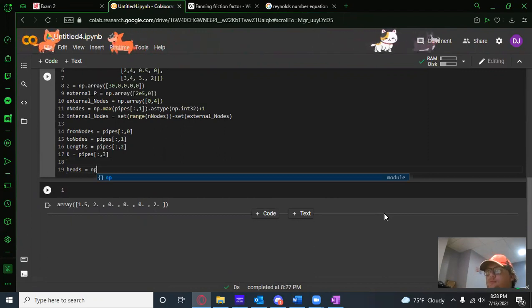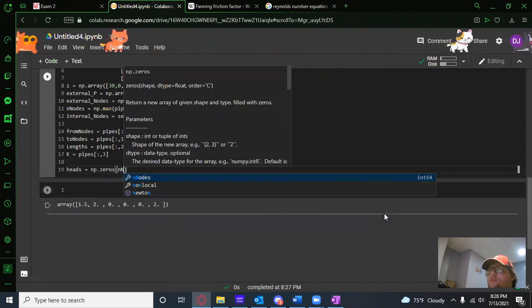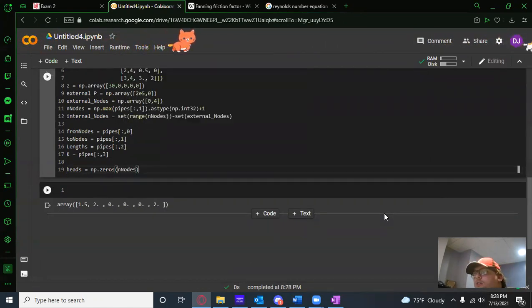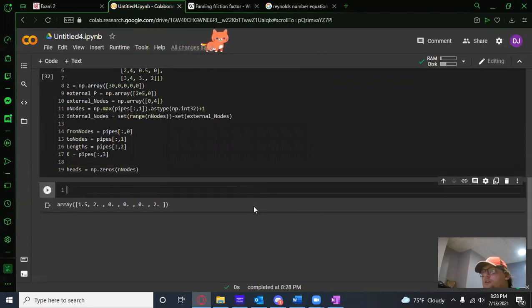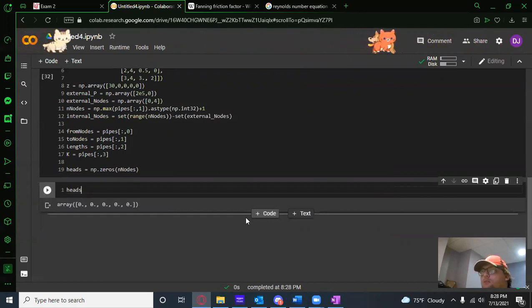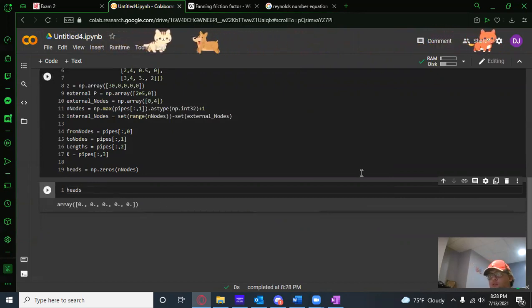So number of nodes. All that np.zeros does is create an array of 0s for that number of indexes. So number of nodes, we have 5 nodes, so we have 1, 2, 3, 4, 5 values here.